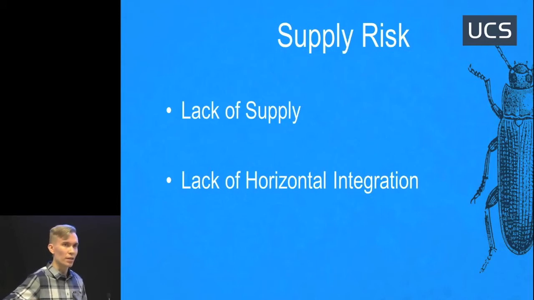So if something happens to the supply, let's say there's a fire, or the company just decides to sell to someone else, there is no way that this restaurant is able to get replacing product. And this is another form of supply risk, but just in a different step of the supply chain.